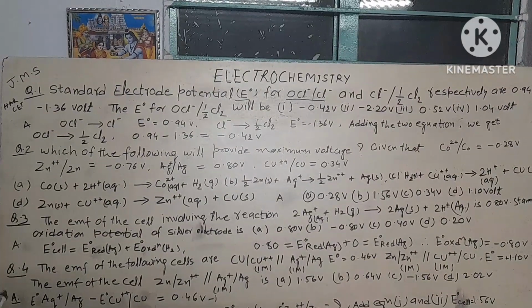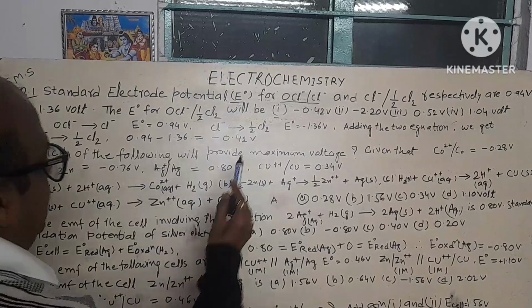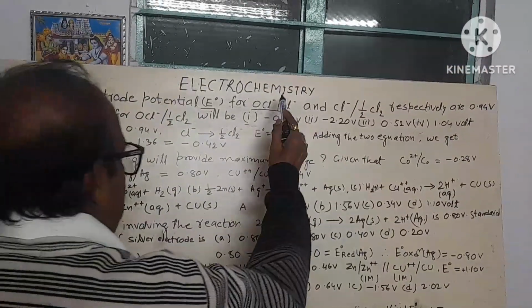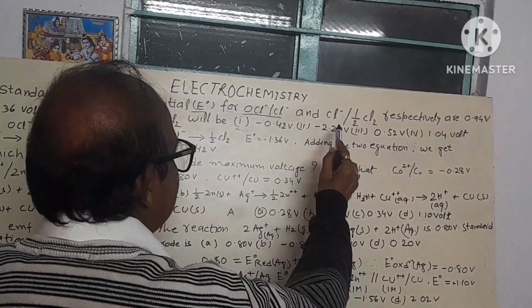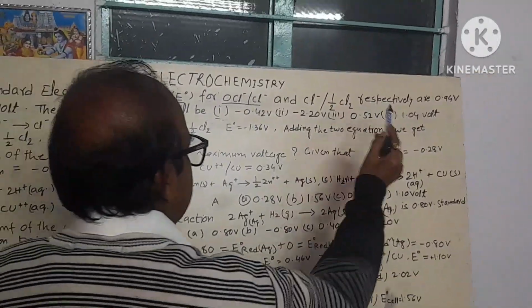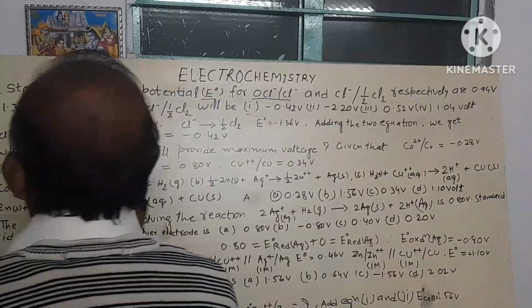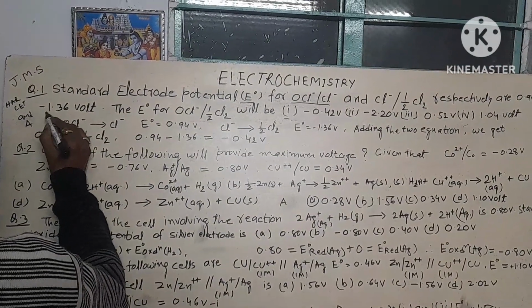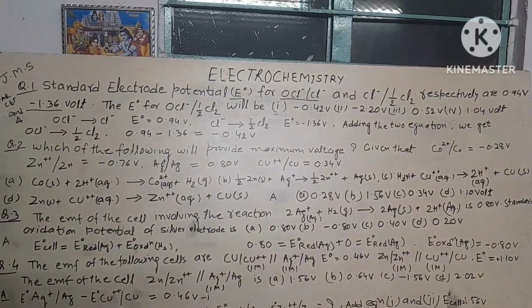Again I am reading the question. Standard electrode potential for OCl minus oblique Cl minus and Cl minus oblique half Cl2 respectively are 0.94 volt and 1.36 volt.